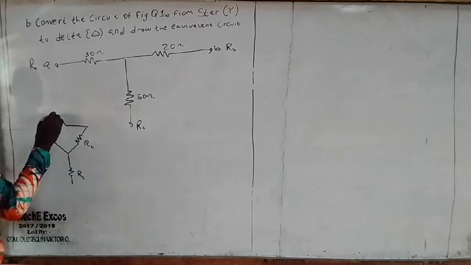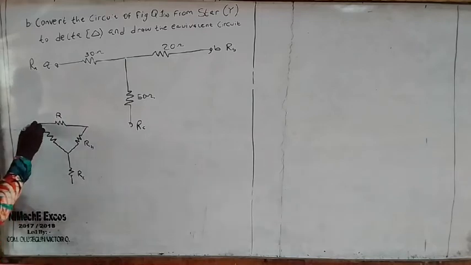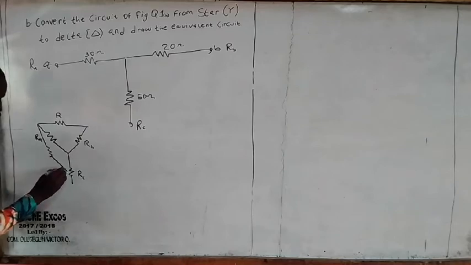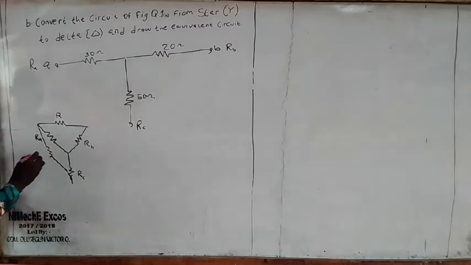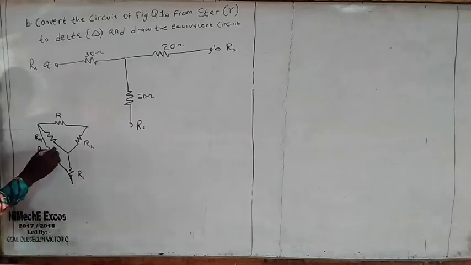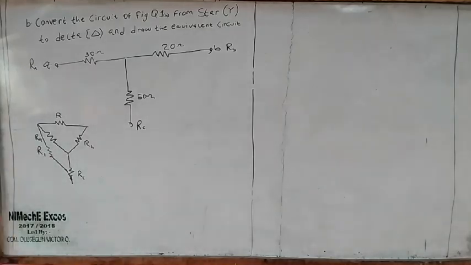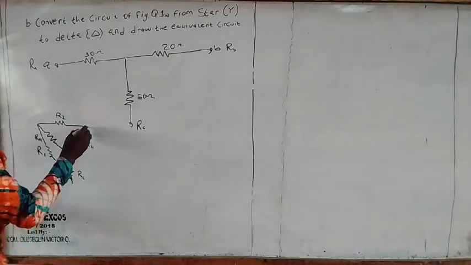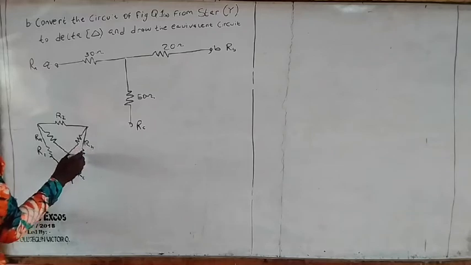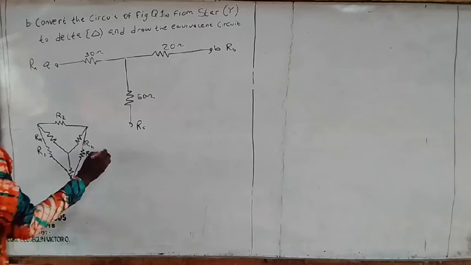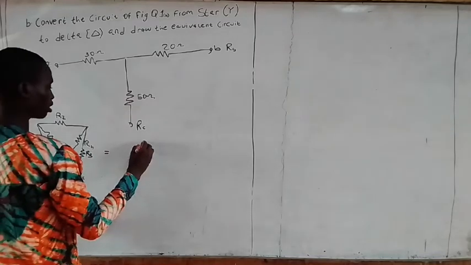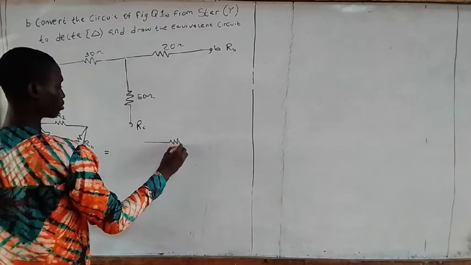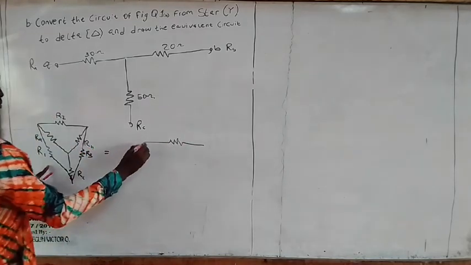I'll call this R, bring this down, draw this, join this to this. I'll call this one R1, call this one R2, bring this down, draw this to this, I'll call this one R2. So if I should redraw this, I'll have something like this, from this diagram.